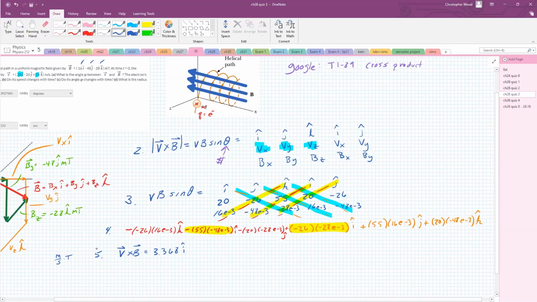All right, and I'm just going to double check this. Negative 55 times negative 48 e minus 3 plus a negative 26 times a negative 28 e minus 3. 3.368. Okay. And then just do the same thing for J and K. Let's do J. Here's a J hat, and then here's another J hat.